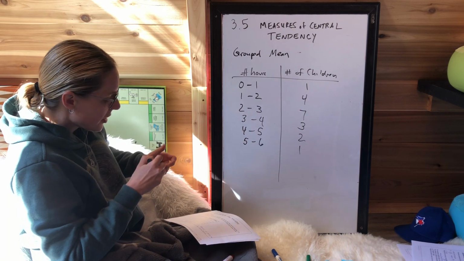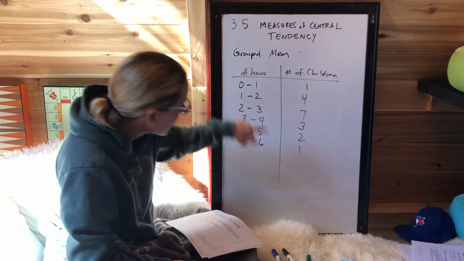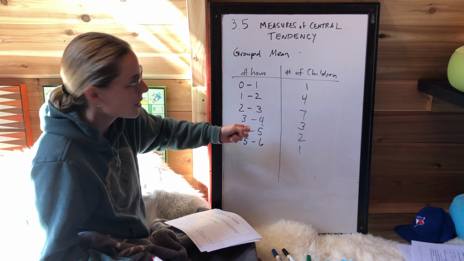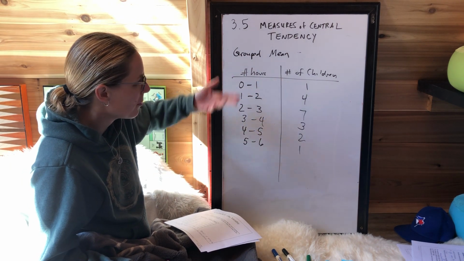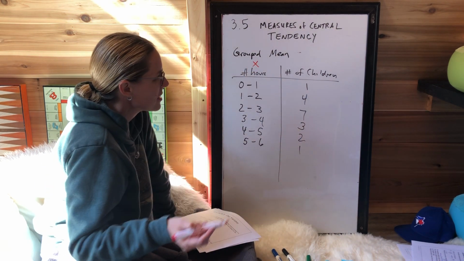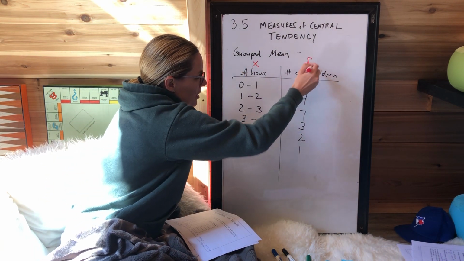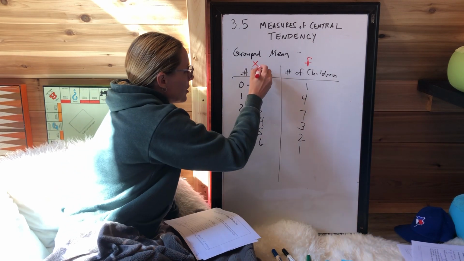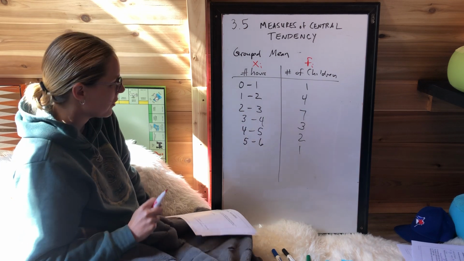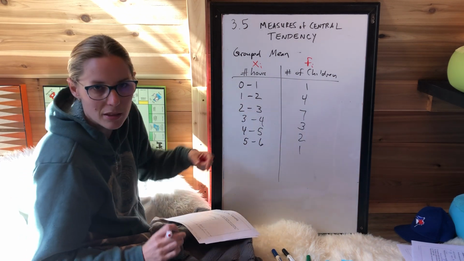So the issue with this is if you are trying to find an average for this, what number do you use when you're talking about the number of hours? So this kind of acts like an X value here. And this is talking about sort of a frequency. Okay, so we would call these X_i's, these are f_i's. How many kids are looking at each of those values? Now, we can't sub in the range 0 to 1.